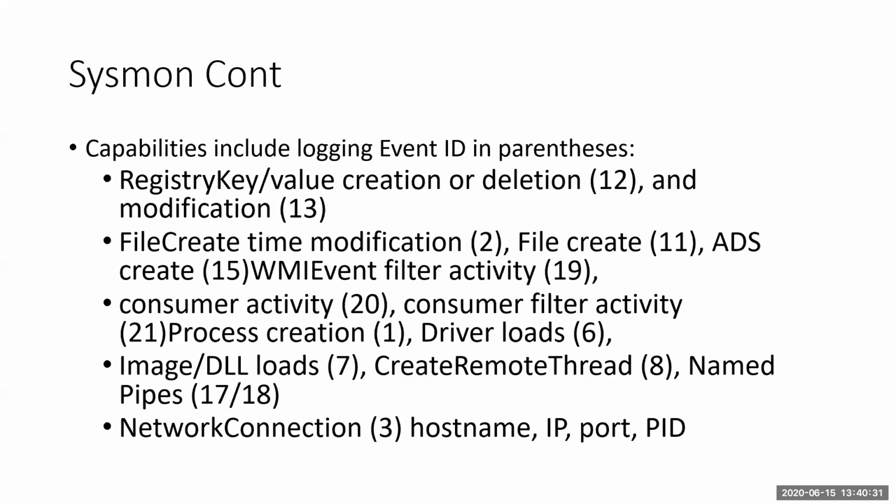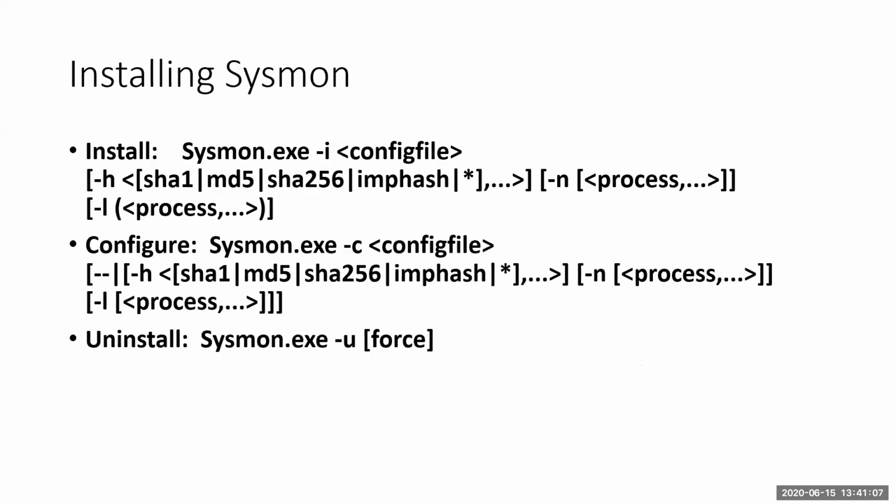Here are some of the things it can detect: registry key and value creation, deletion, modification, file creation time modification, file create ADS, WMI event filters, different types of consumer activities, process creation, loading of drivers from malware, driver loads, image and DLL loads, CreateRemoteThread, named pipes, etc. So you're going to get a very granular representation of what's going on in the host with Sysmon. That's installing it.